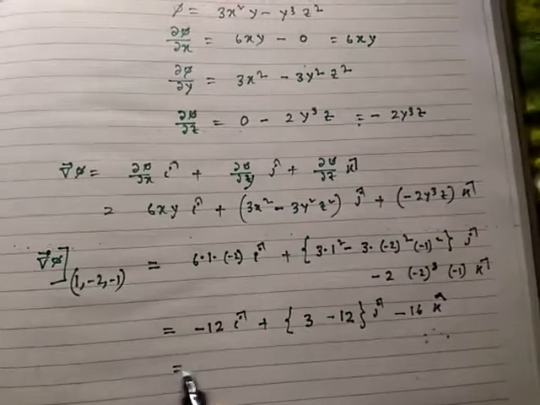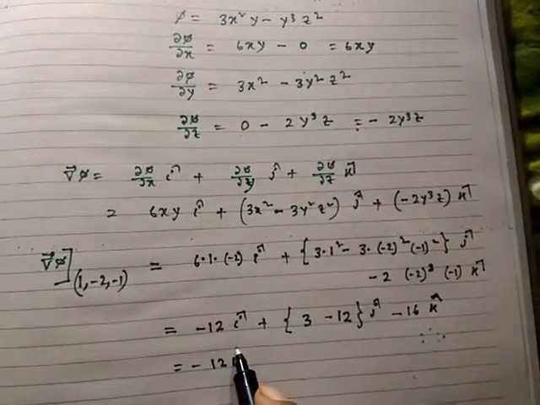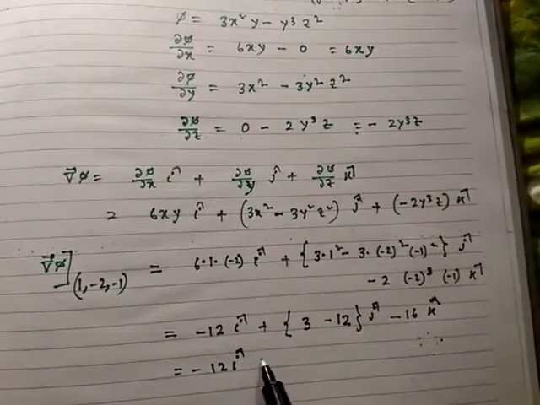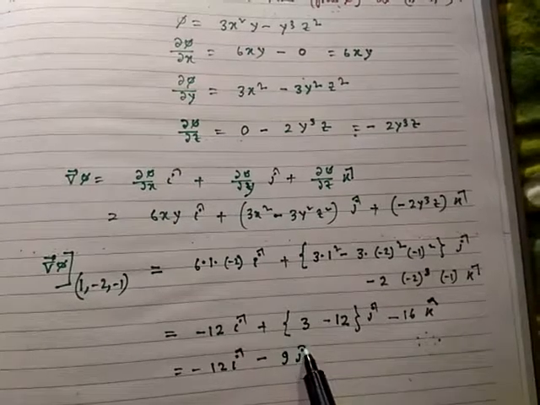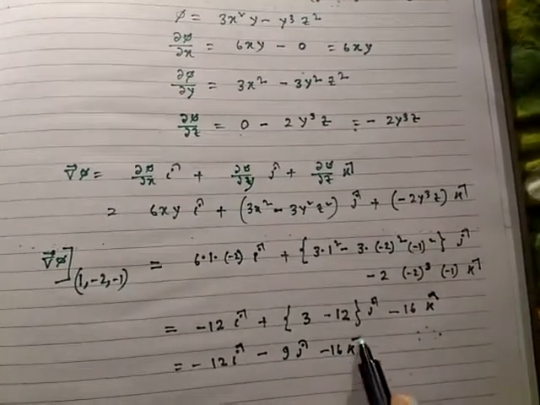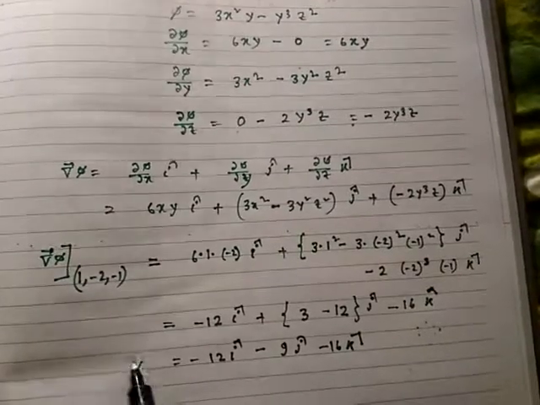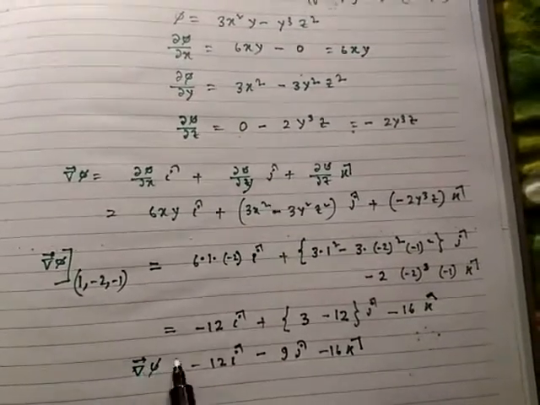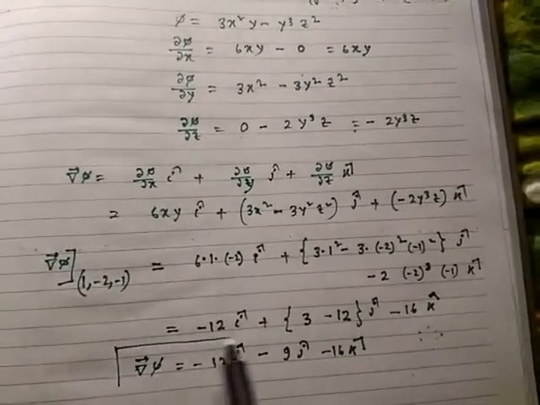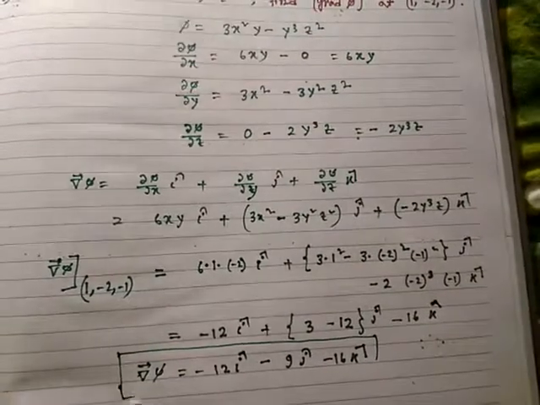So this will be minus 12 i hat minus 9 j hat minus 16 k hat. This is grad phi at the point 1, minus 2, minus 1.